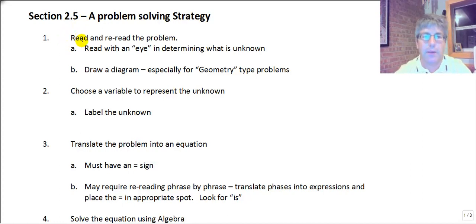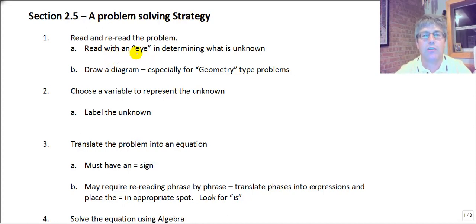Beginning with the obvious, we want you to read and reread the problem, and read it with an eye to determining what is the unknown. Many students try to just answer the question right away after reading the problem, but we really aren't looking for you to answer the question.